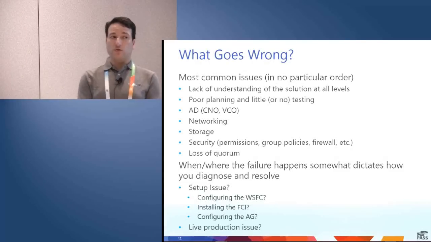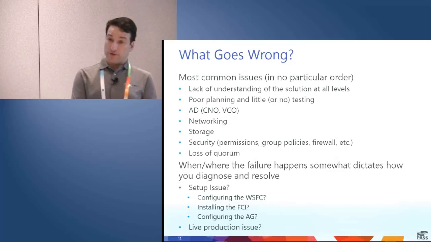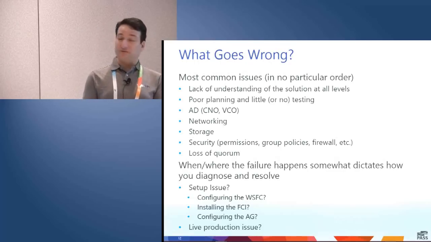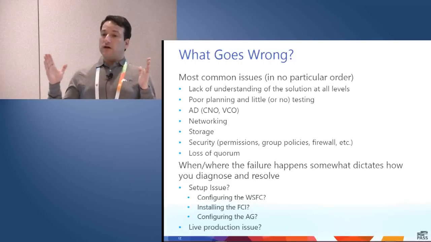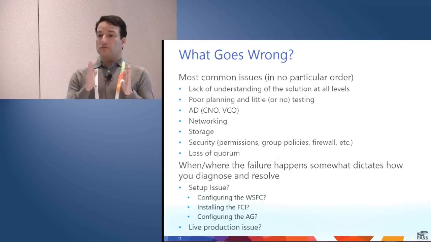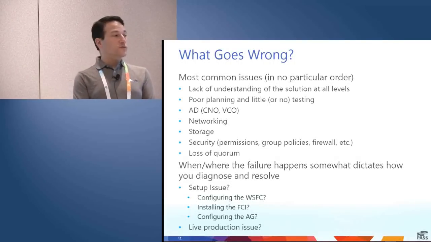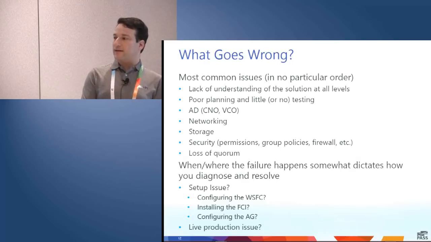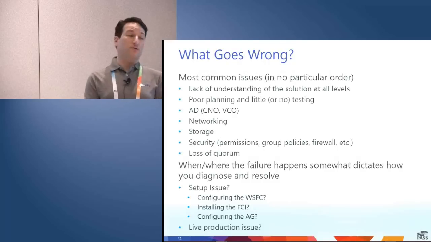So as long as you don't lose half or more of your nodes within about five seconds of each other, it will adjust the number of votes down, and with Windows Server 2012, assuming best case scenario, you can get down to last man standing. So you could be running everything in your cluster on one node, assuming you have all the right performance and no other issues, which is not something you could really ever do with Windows Server 2008 R2 and earlier.